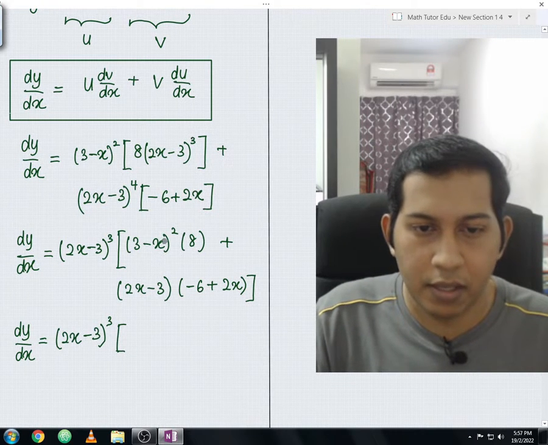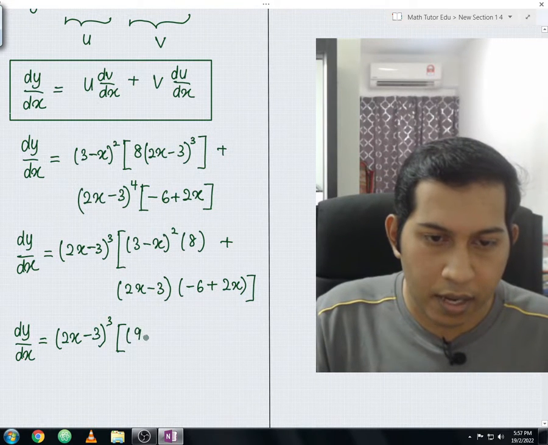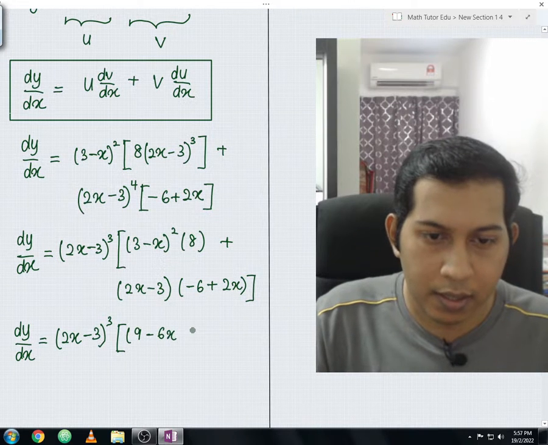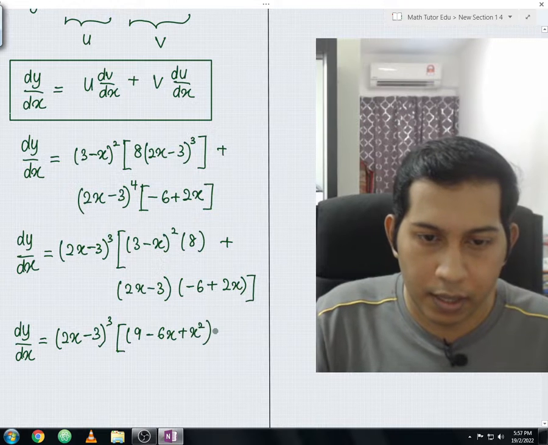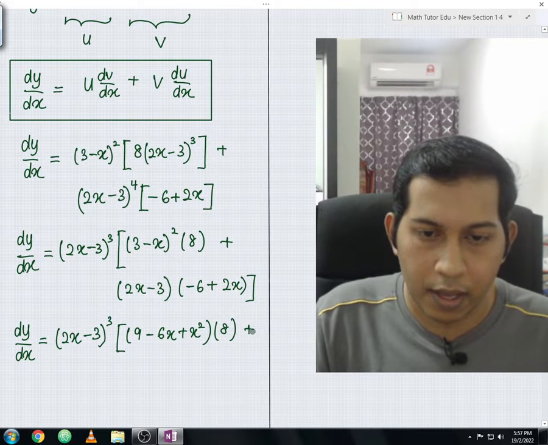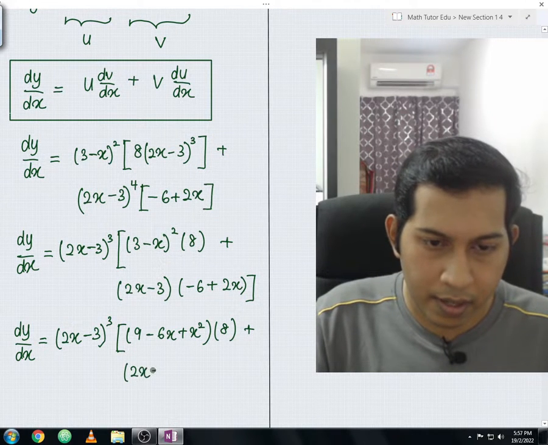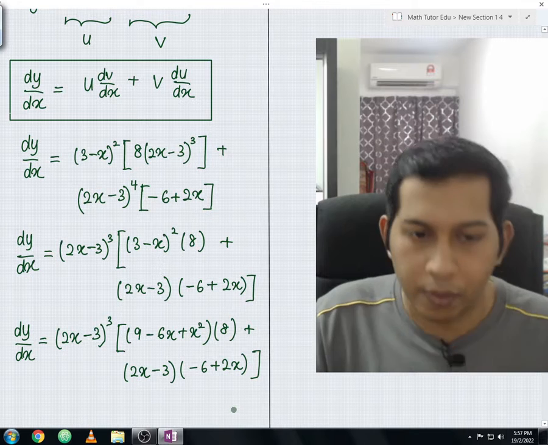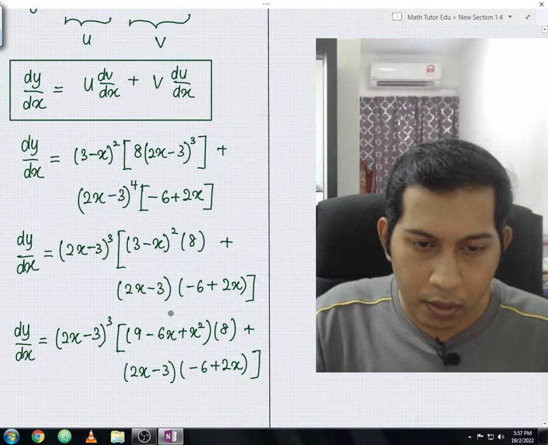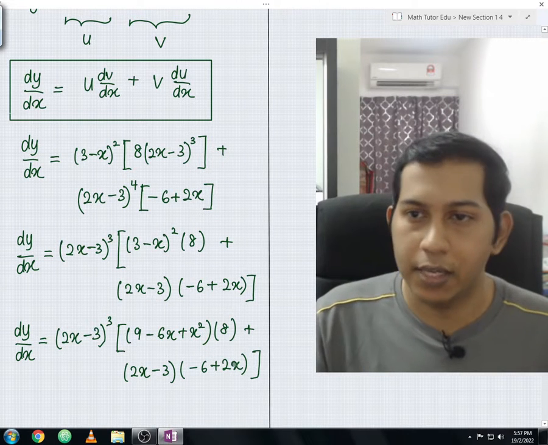So 3 minus x square, you expand this, so from here you get 9 minus 6x, and then you plus with x square, and then you times with 8, and then you plus with 2x minus 3, and then times with negative 6 plus with 2x, close square bracket.